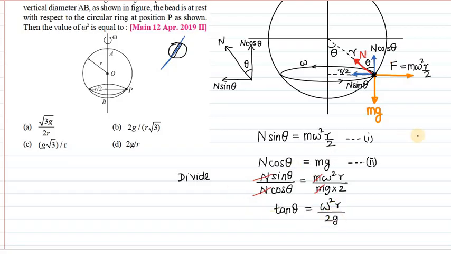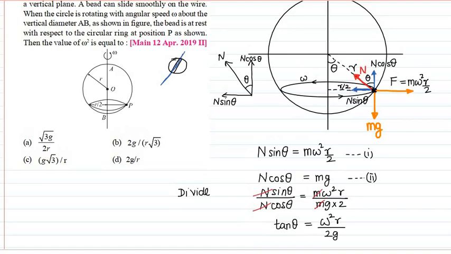But what is the value of tan theta? Let's go back to the diagram and look at this yellow triangle. In this right triangle, we can apply trigonometry. For the angle theta, the opposite side is r by 2 and the hypotenuse is r.